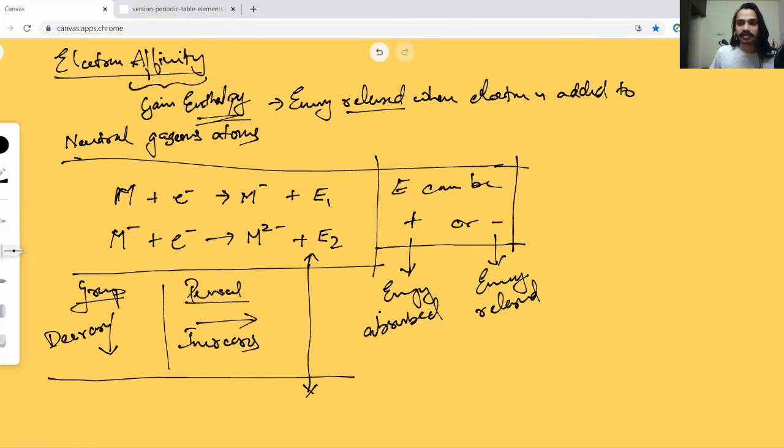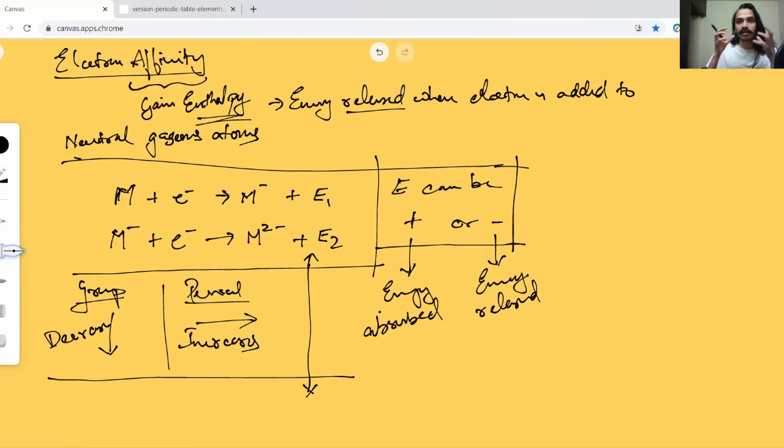All of these things are going to affect electron affinity and ionization energy also. But more specifically, the main two things you need to talk about are nuclear charge and the atomic radius. So if the atomic radius is less, the energy released is going to be more.